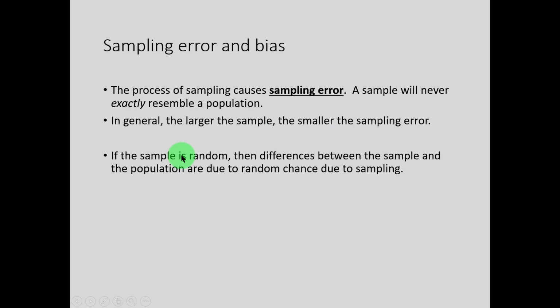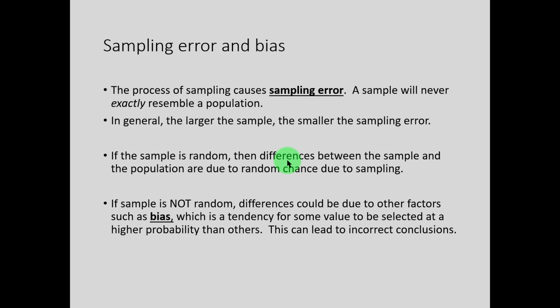We say that if the sample is randomly selected, then these differences are due to random chance. So we sometimes call this random chance error. It's to be expected.